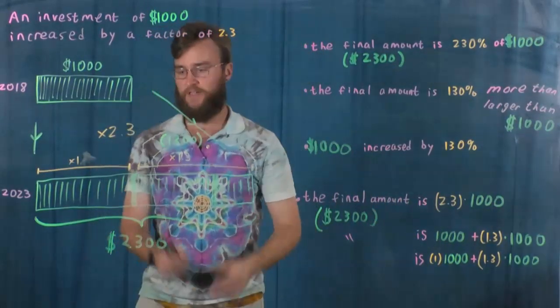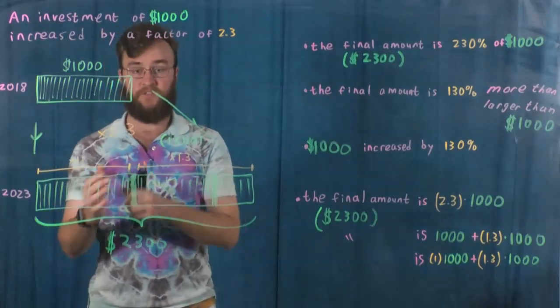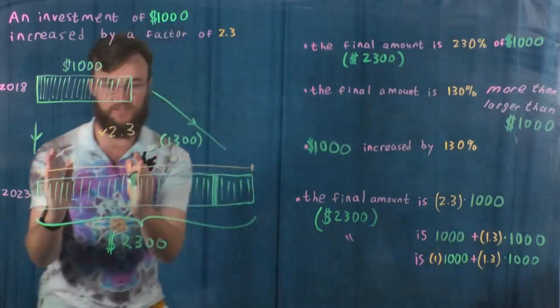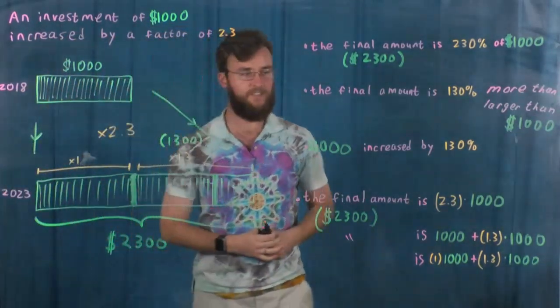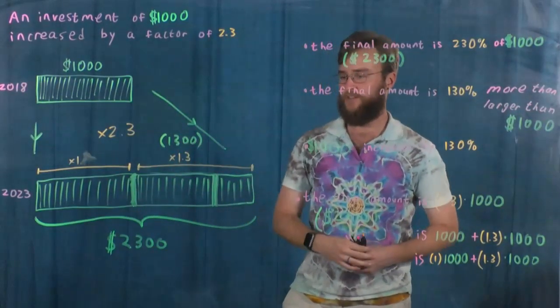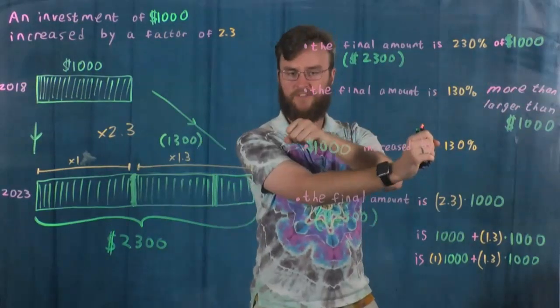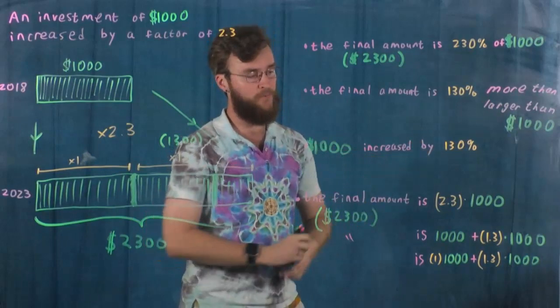And again, that's just going back to the fact that if you invested $1,000, the amount that your investment increased by isn't the whole final amount. It's the final amount minus the chunk that you started with. Sorry, I know the tie-dye shirt doesn't make it easy to see the colors here. You could also flip the order of the sentence and say that $1,000 increased by 130%.